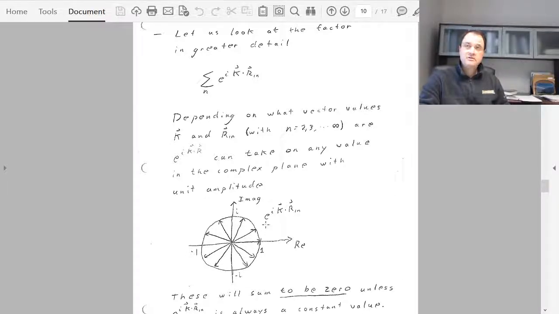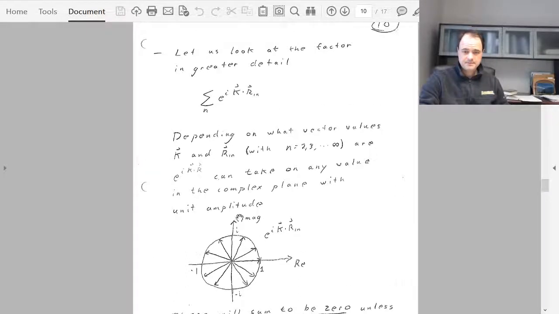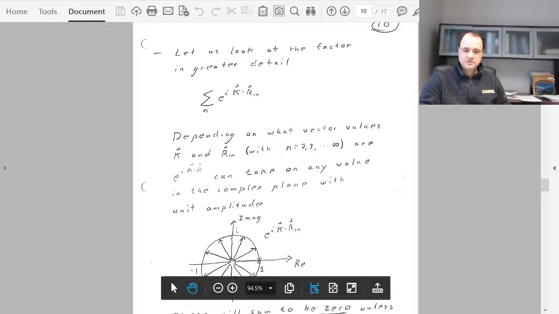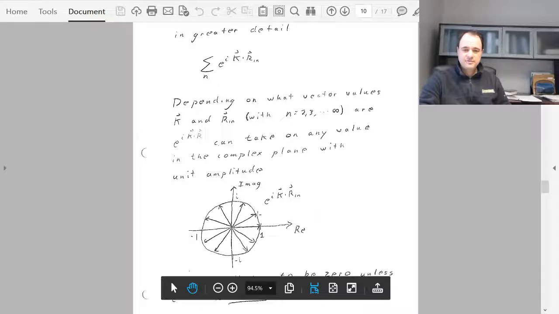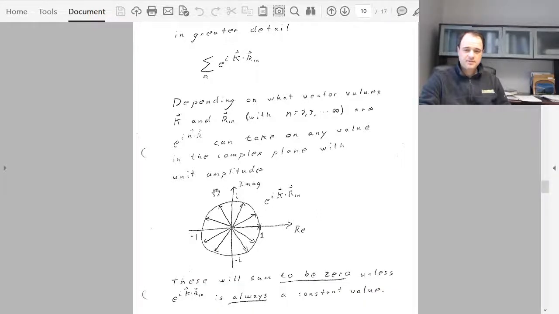If there is no sort of pattern to this sum, then for any old k, when you do this sum, in general, almost all the time you will get 0, because they keep going around for an infinite number. The result goes to the geometric center of this shape, and it's 0.